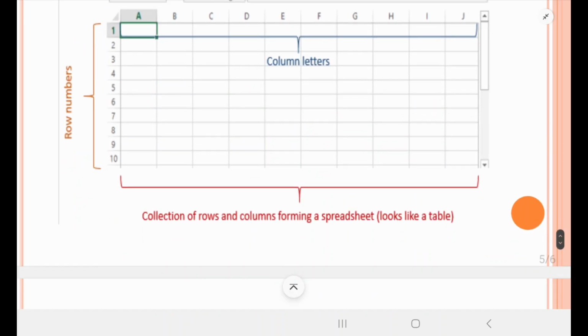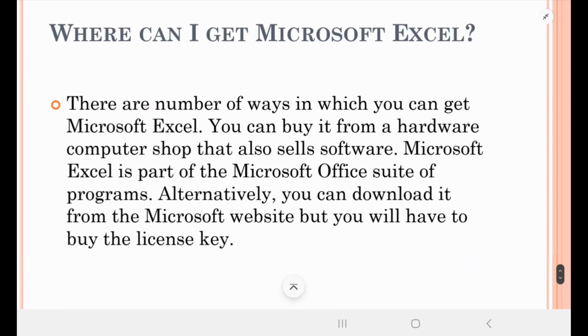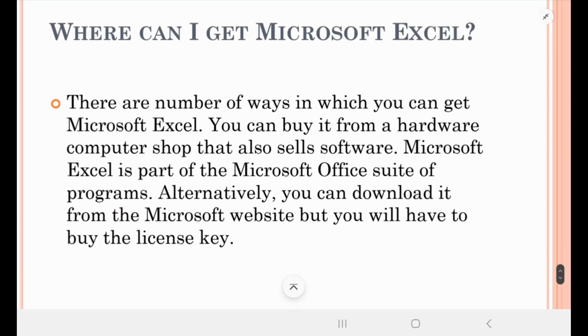This collection is called a spreadsheet. This table format is called a spreadsheet. It looks like a table. Now another question is, where can I get Microsoft Excel? Microsoft Excel is the same as MS Word.